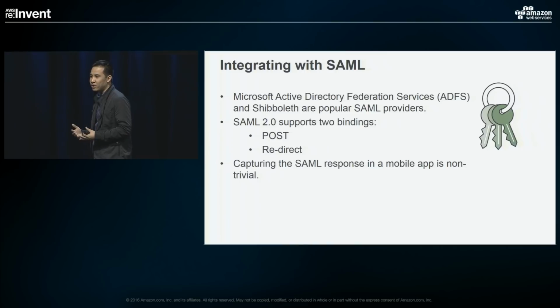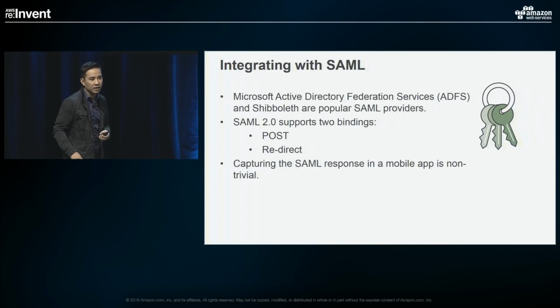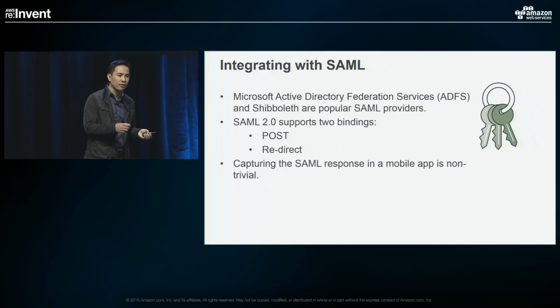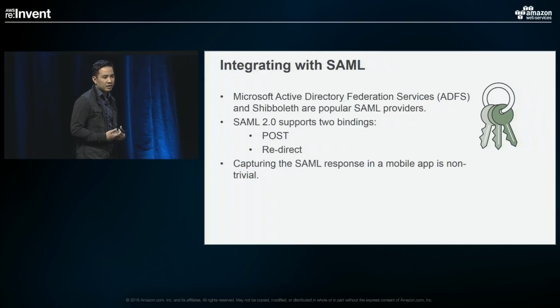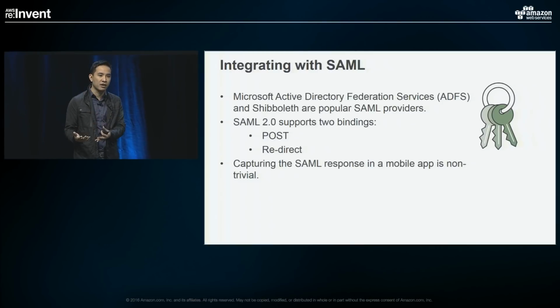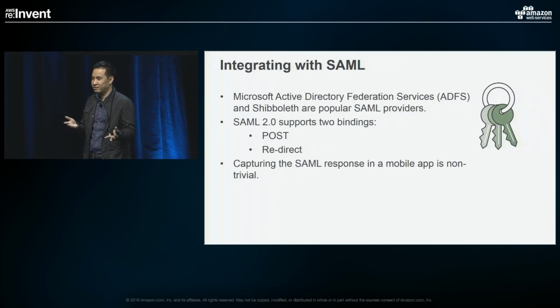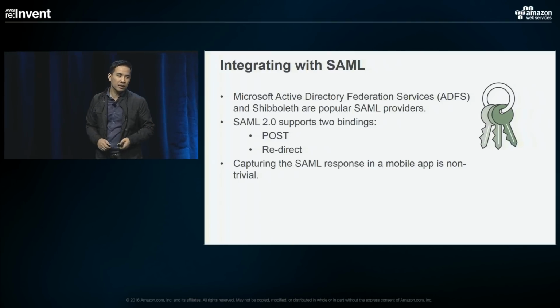So it really wasn't built for a world where there were mobile applications. SAML 2.0 supports two different bindings, a post to a particular URL endpoint or a redirect back to a URL. And so in a mobile app, capturing that SAML response just is not trivial. For example, what do you redirect back to if you're using a mobile app?